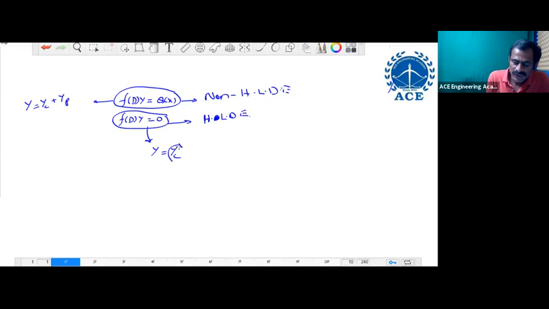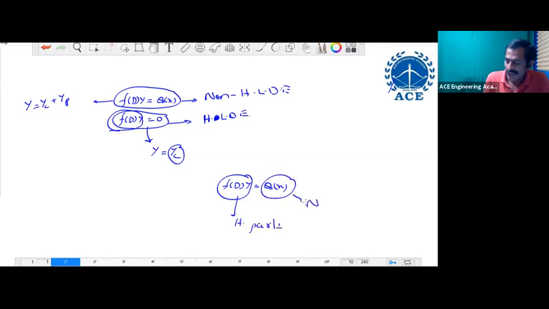We can obtain yc, the complementary function, from the homogeneous part of the differential equation. In the non-homogeneous equation f of D y equal to Q of x, the left side is the homogeneous part and the right side is the non-homogeneous part, because the right hand side is free from the dependent variable y and its derivatives, while the left part contains the derivatives and also the dependent variable.